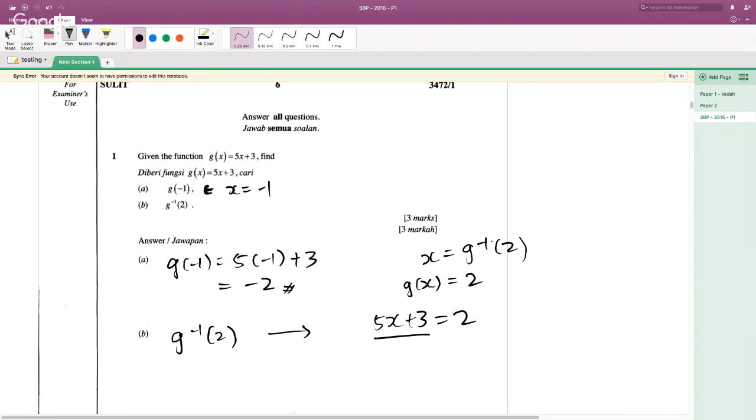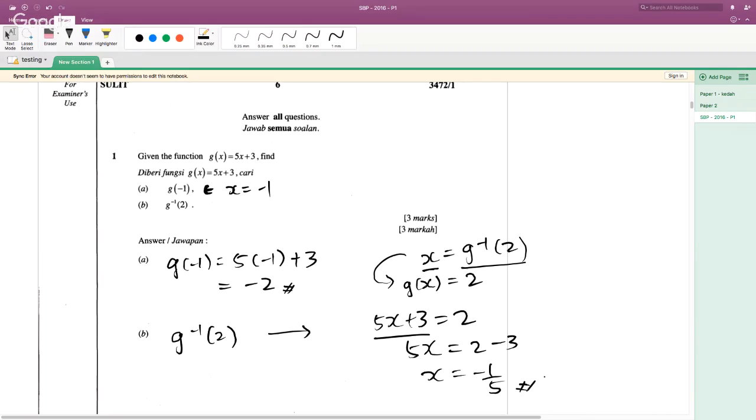So if I move my g inverse back to the x, I get back g(x) equal to 2. So I just need to find x. If I can find x, I can find g inverse 2. I want to make x the subject, so it's just 2 minus 3, so x is -1 over 5. This is a faster way to solve g inverse.